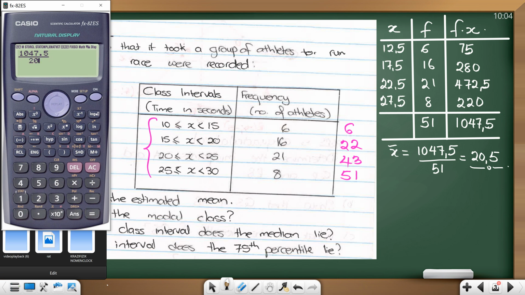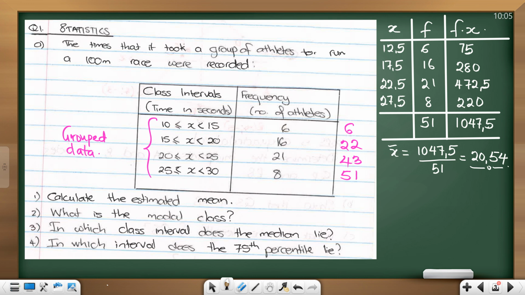What am I doing? Oh, over 51. All right. 20,54, 2 decimal places. So we are done there. Does that make sense?